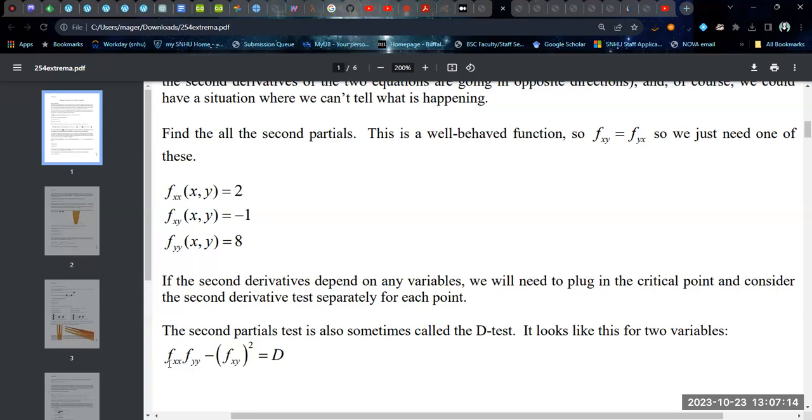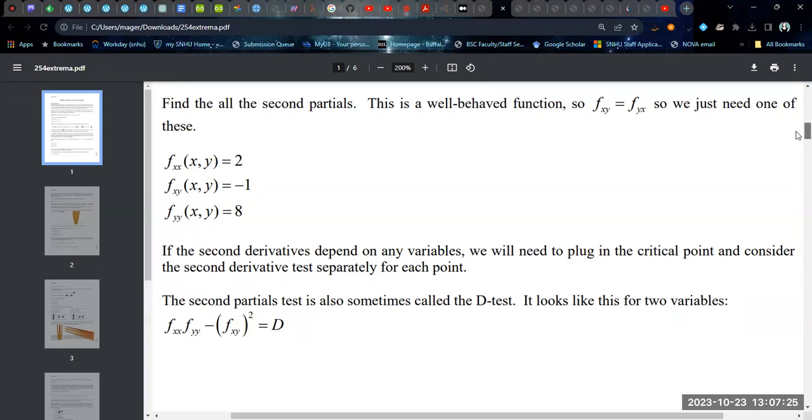But what it comes out to is fxx times fyy minus fxy squared. And whatever that value is going to tell us something about whether this is a max or a min on the one hand, or a saddle point on the other.